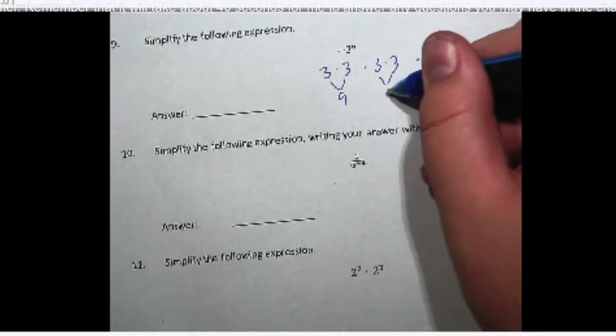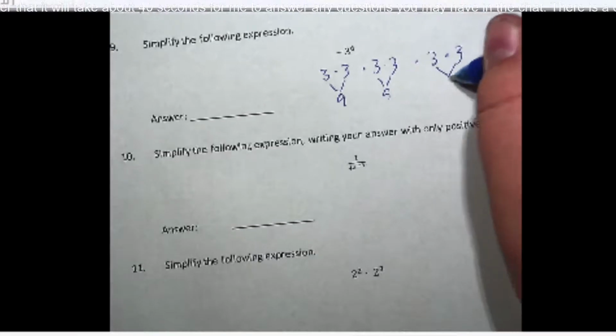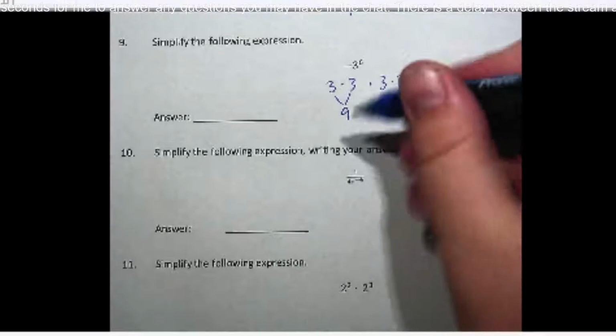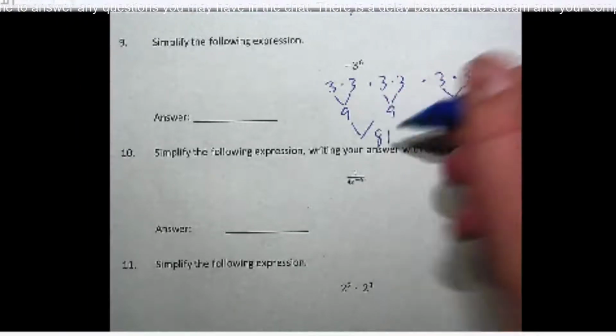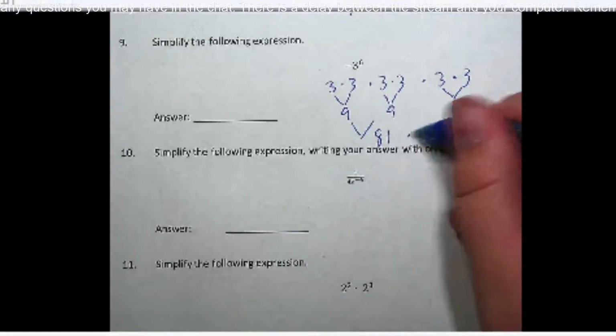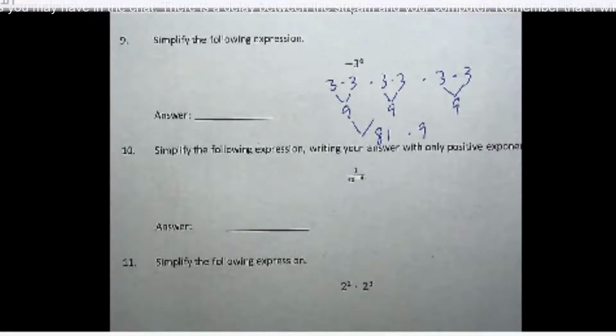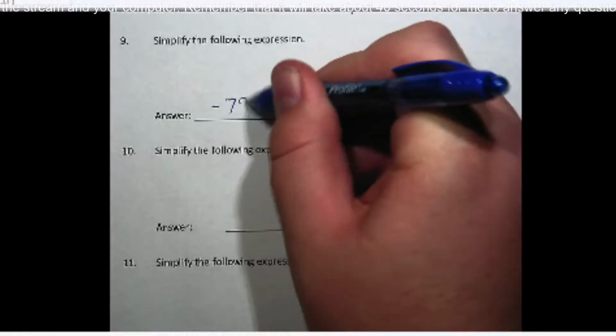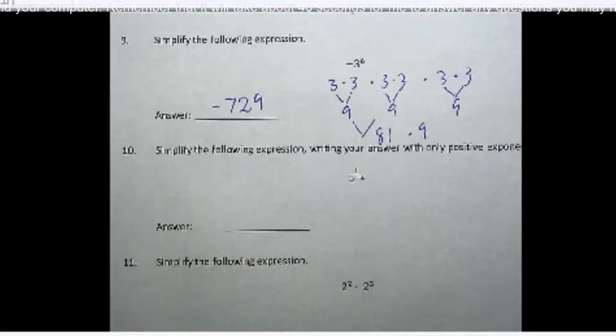So all of these pairs of 3's are going to give us 9's. And then 9 times 9 is 81. So really we need to figure out 81 times 9. And that should be, what is it? 720. I knew it was 720 something. Thank you. Negative 729. Again, the negative just drops down because it wasn't included in that power.